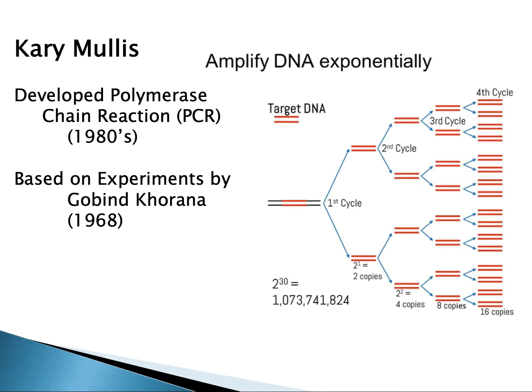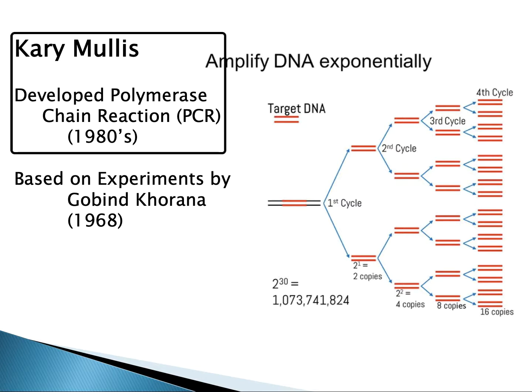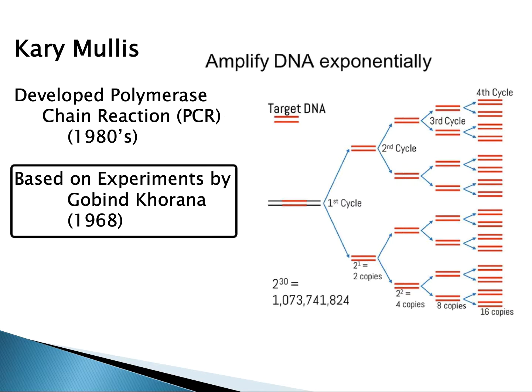Up until the 1980s, people were amplifying their DNAs within plasmids in bacteria. So that's the way they would get more copies of the DNA for sequencing and for functional assays, etc. But in the early 1980s, up until 1985, Kary Mullis developed what's called the polymerase chain reaction. And that was based on some experiments by Gobind Khorana back in the 1960s and 70s.